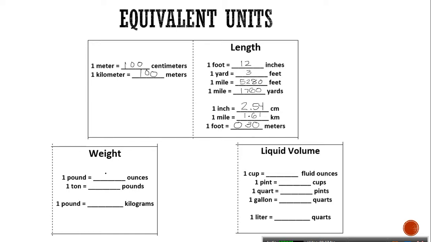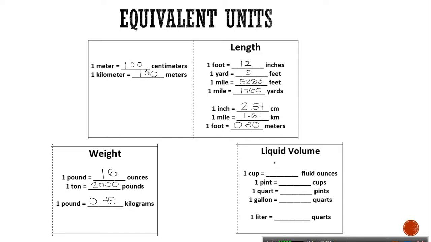Now we're going to go down to our weight flap. 1 pound is 16 ounces. And 1 ton is 2,000 pounds. Now, one more conversion. 1 pound is 0.45 kilograms. Just a little noting of how to get from customary or American measurement to the metric measurement.